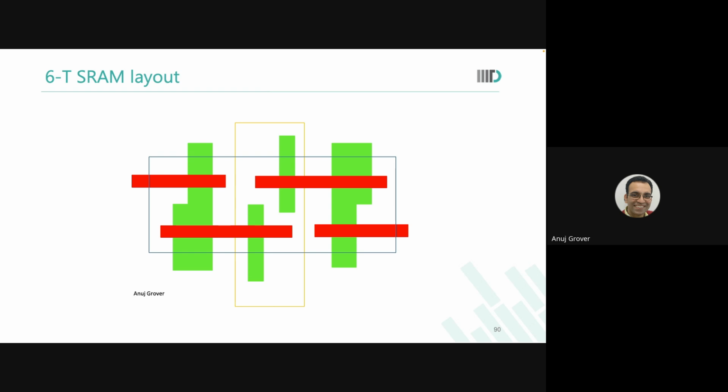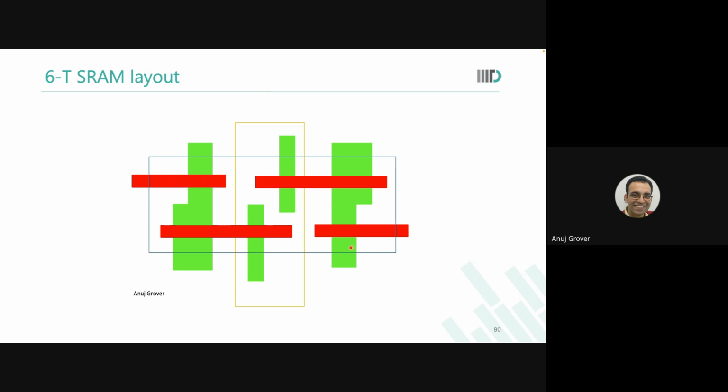So now we have understood which kind of devices are bigger and smaller. So over here in this particular topology, can you tell me which devices are PG, pass gates? Upper left, this one, and bottom right. These two are pass gates.